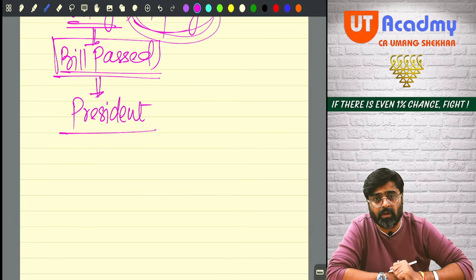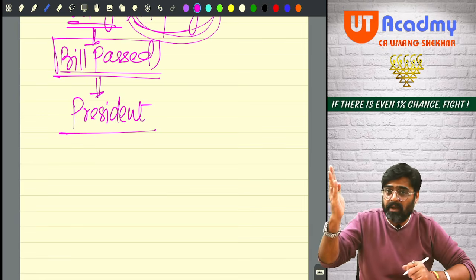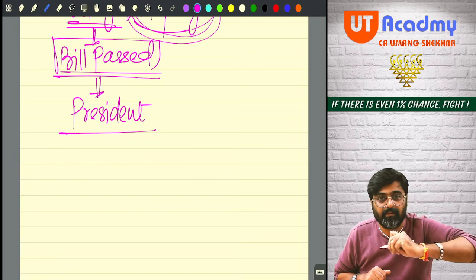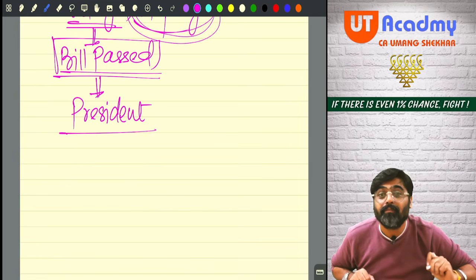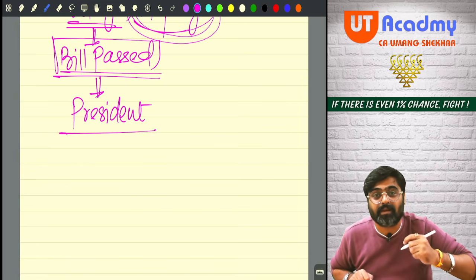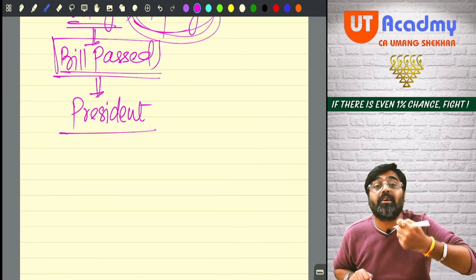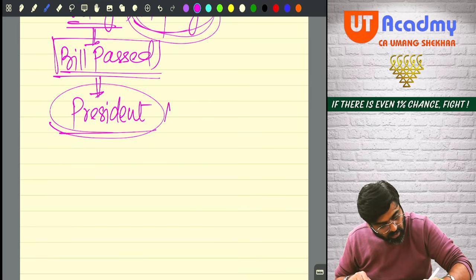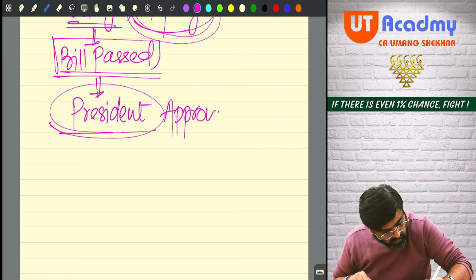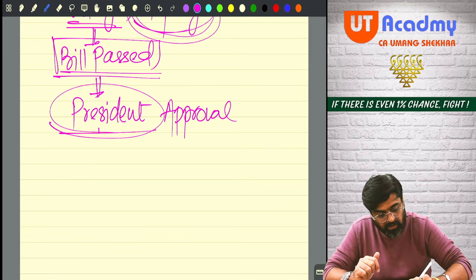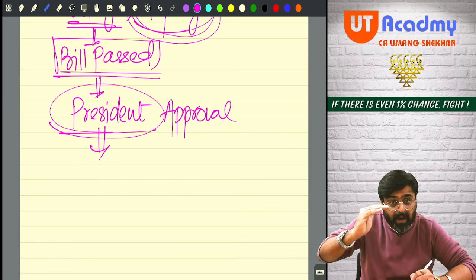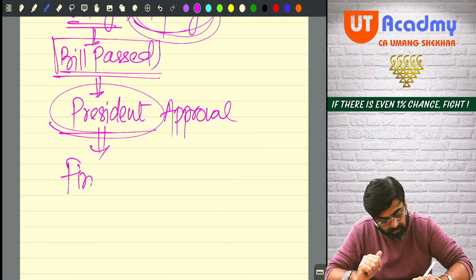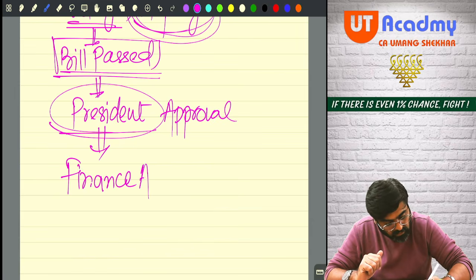So what Mrs. Murmu will do? The bill will come to the president and the president will give the assent. President will give the assent means approval to the bill. So after the president's approval, meaning president's assent, the bill which was passed will become Finance Act.